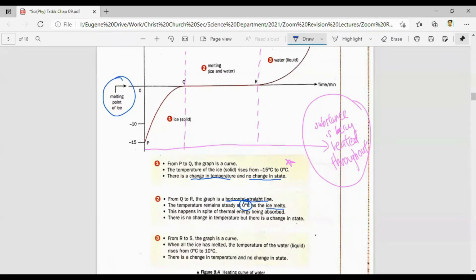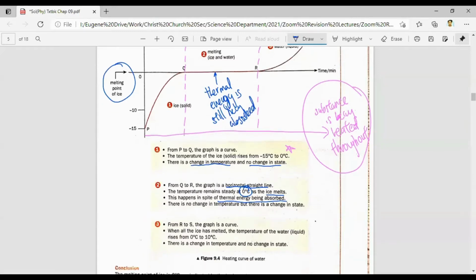This happens in spite of the thermal energy being absorbed. So what they're trying to say is that even though the temperature stays at 0 degrees Celsius, thermal energy is still being absorbed. You need to be aware of this.